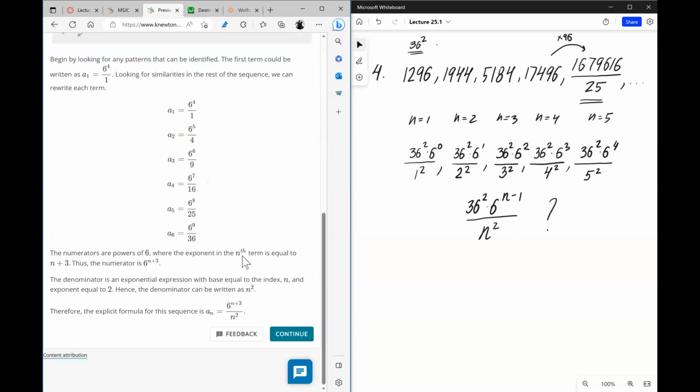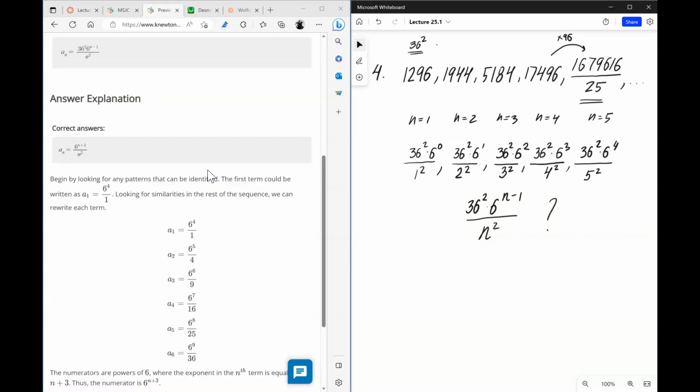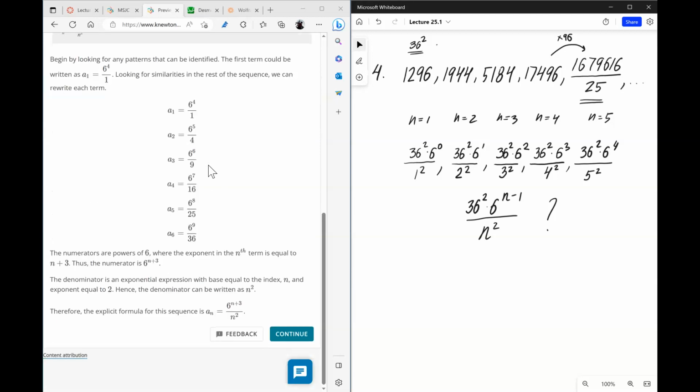And we got it. Actually, reading this solution can help us understand what's in Newton's mind when they ask us this type of question.